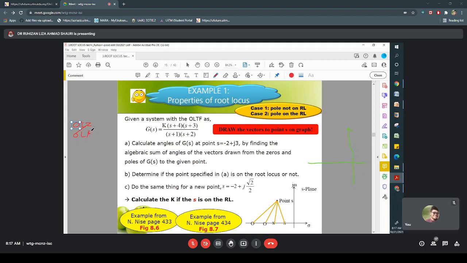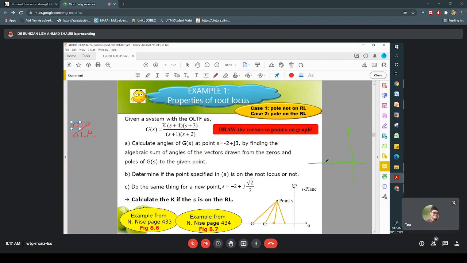All right. For the open loop zeros, you have -4 and -3. Why? Because this is the open loop transfer function, and equating the upper part to 0, you get your open loop zeros. Now for the open loop poles, you have S equals -1 and -2.